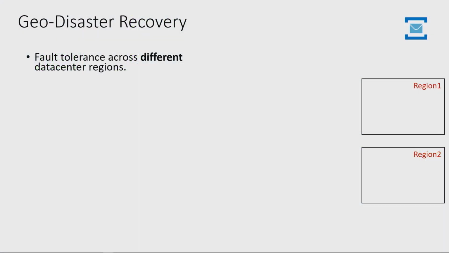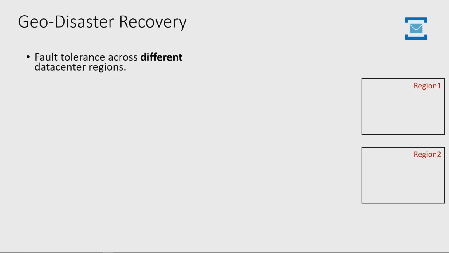We already spoke of fault tolerance within the same region, but what if you need fault tolerance across different data center regions, like your hurricane example? In that case, we have geo disaster recovery. What we currently provide is DR with metadata copy, which provides you an RTO. Let's look at the mechanics of this.